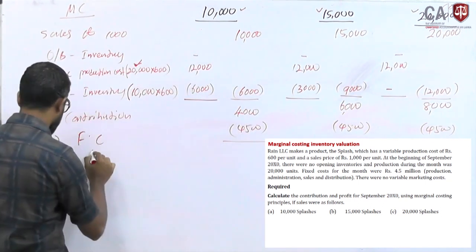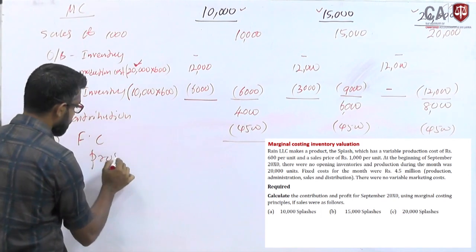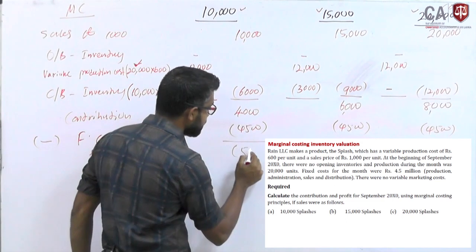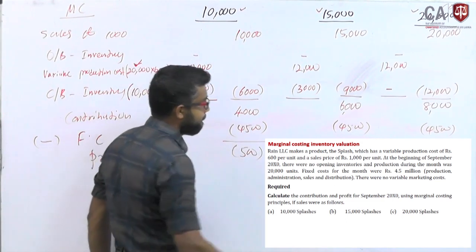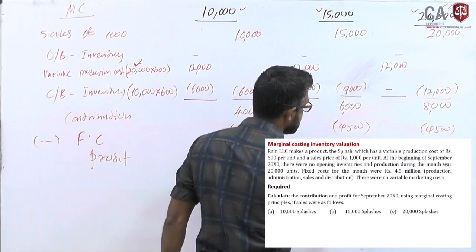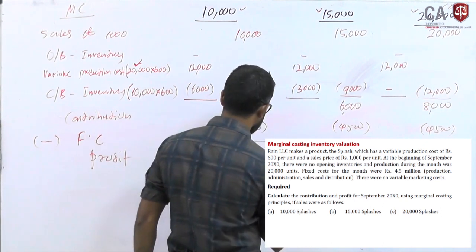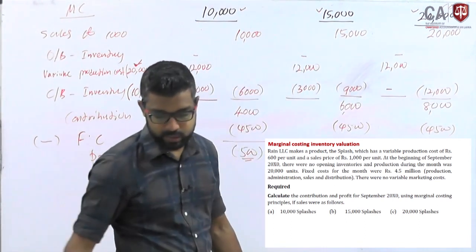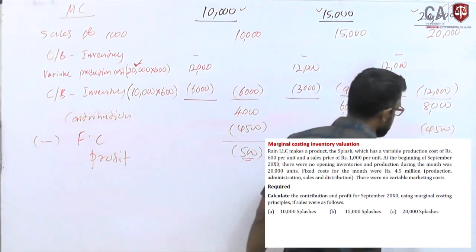What is the profit? Here you have a loss of 500, here you have 1,500 profit, here you have 8,000 minus 4,500, 3,500 profit.